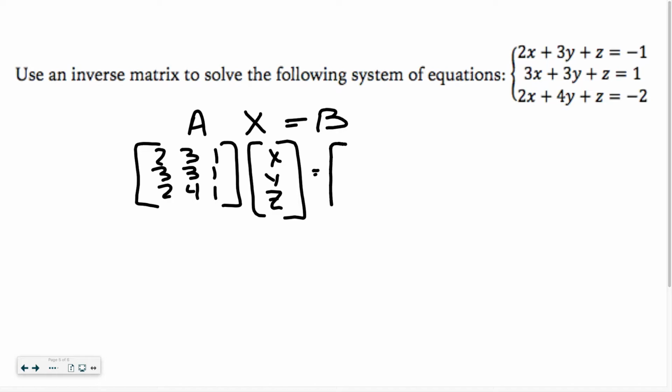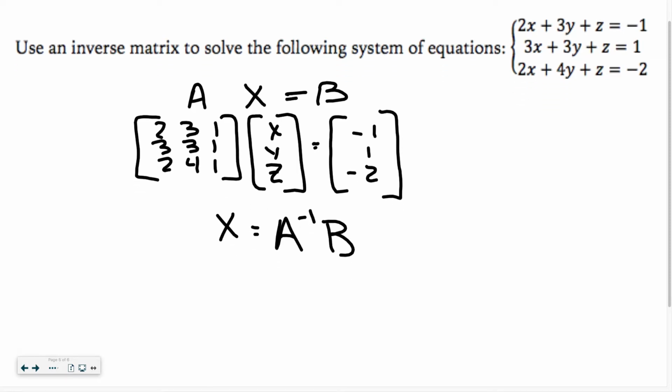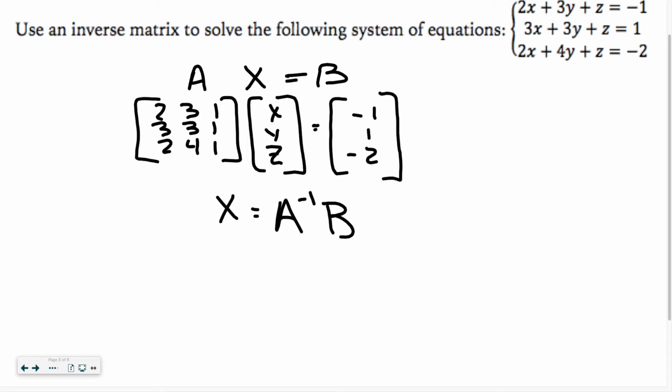And help me out, is my constant matrix -1, 1, -2? The solution for a matrix equation will always be the inverse of matrix A times my constant. But I don't know how to do the inverse of a 3 by 3 matrix.